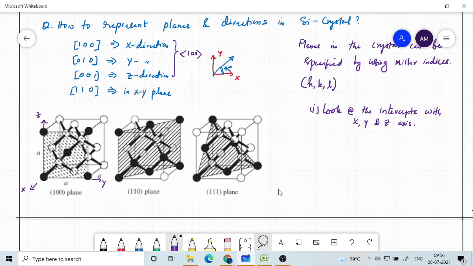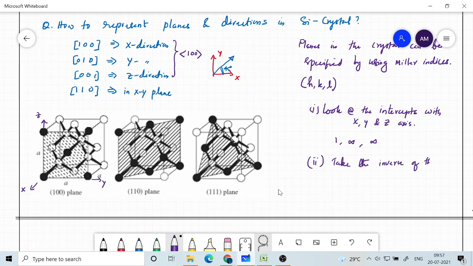The y intercept: it doesn't have any y intercept, or you can say it is at infinity, because for a plane parallel to the y axis and z axis, the intercepts are at infinity. So this is 1, infinity, infinity.